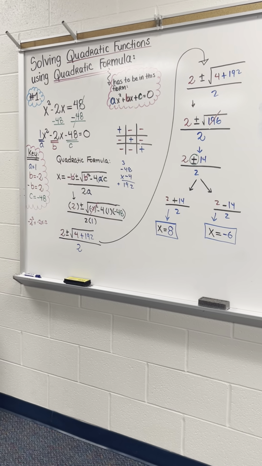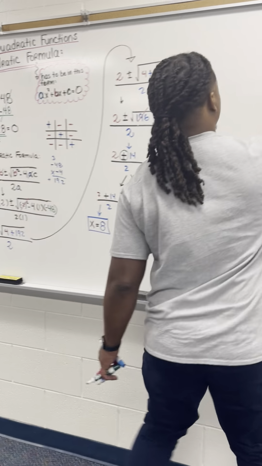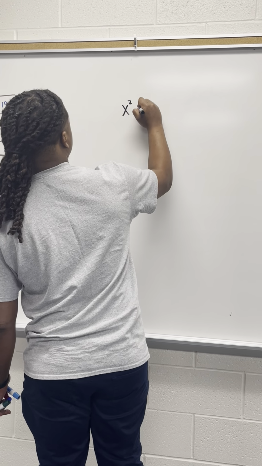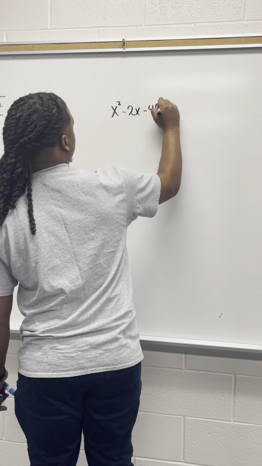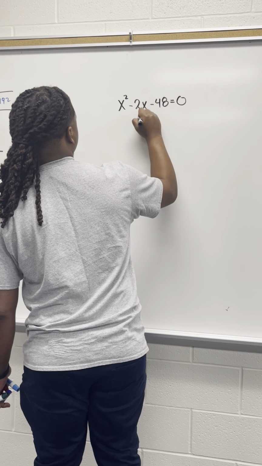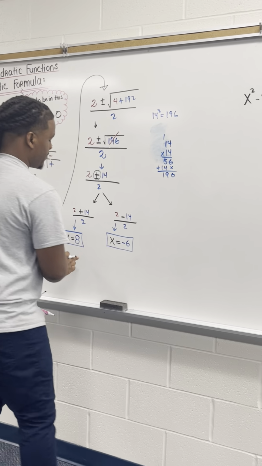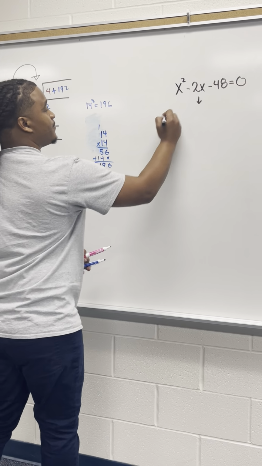So let's try it out to make sure that that is true. Once again, remember I had x squared minus 2x minus 48 equal 0. So what we're going to do is plug in one of these values. We're just going to check one. I'm going to plug in a positive 8 to see if it equals 0.